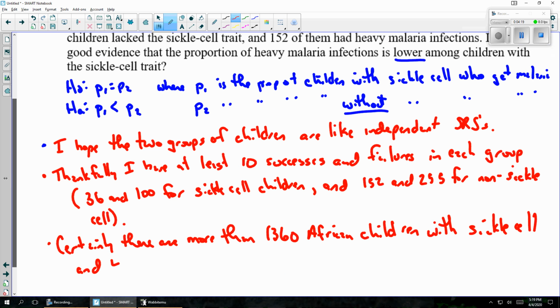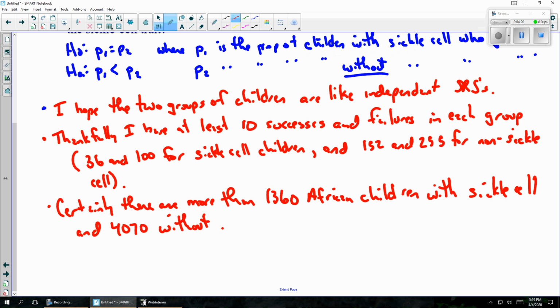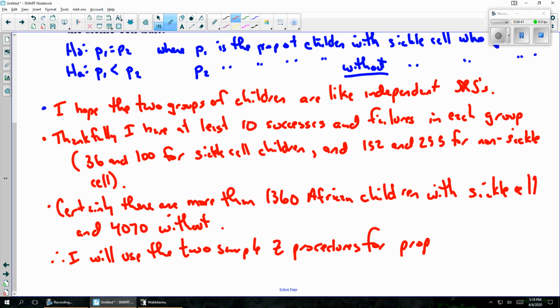So 4070 without. So since these conditions are met, I will use the two sample Z procedures for proportions.